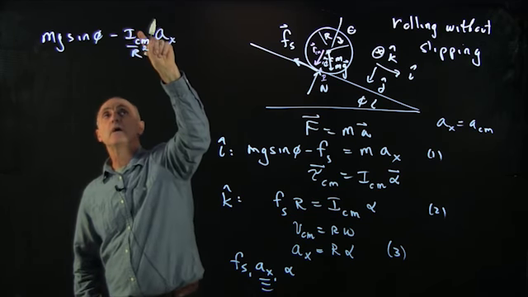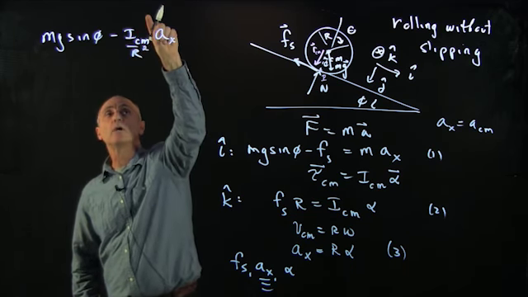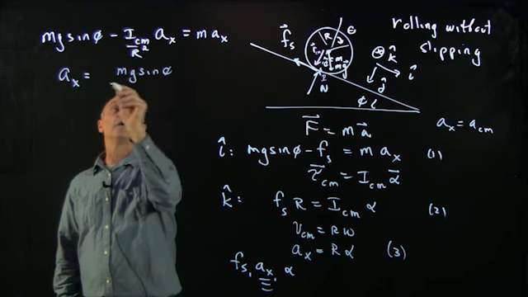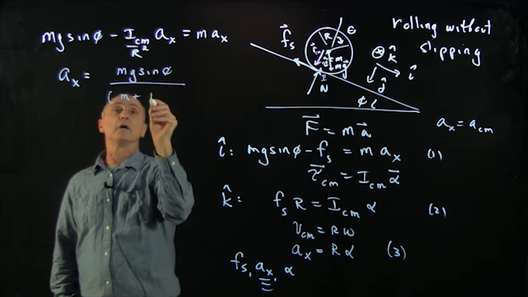Notice dimensionally, I is mr squared, so this is just ma, the dimensions of force, mg dimensions of force, and that's equal to m ax. And now I can solve for ax. And I get mg sine phi divided by m plus Icm over r squared.